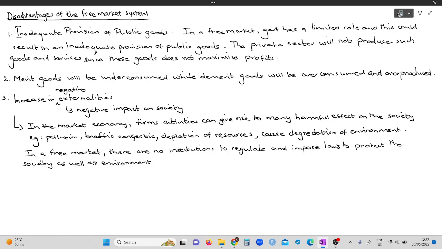Maintenant, we also have, private sector, il n'est pas pour se casser la tête avec the welfare of people, so there's an absence of welfare. Okay? And we have also an increase in inequality. An increase in inequality in the distribution of income and wealth.